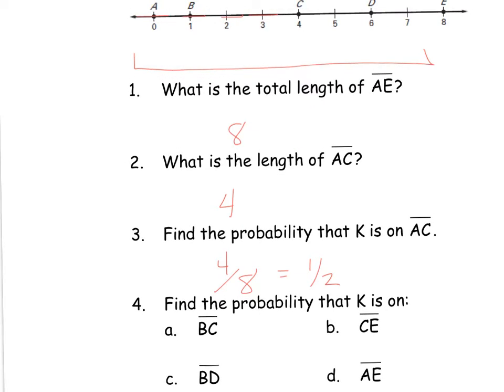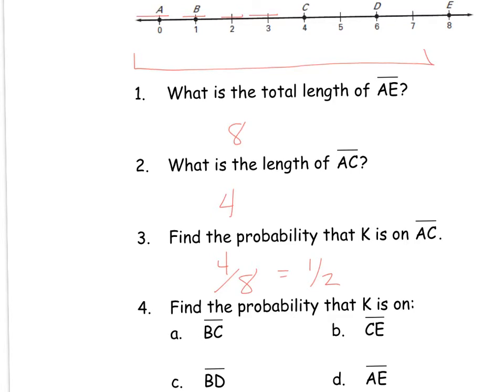Okay, so find the probability that K is on BC. For BC, we count 1, 2, 3, so it'd be 3 out of 8. CE, 1, 2, 3, 4.